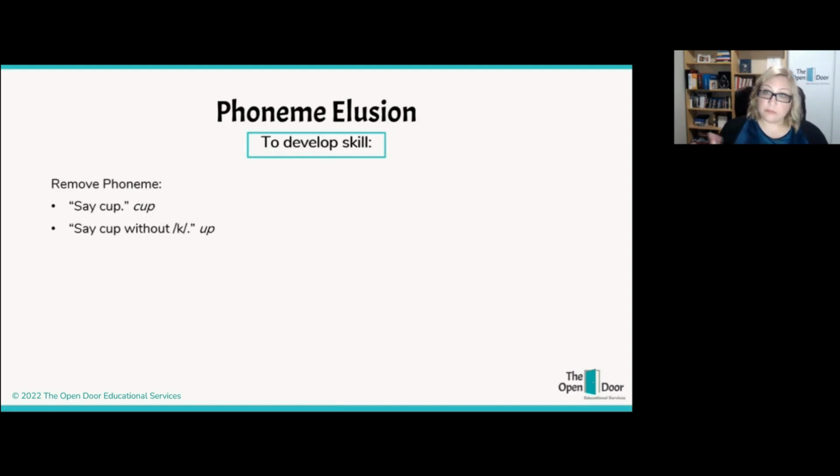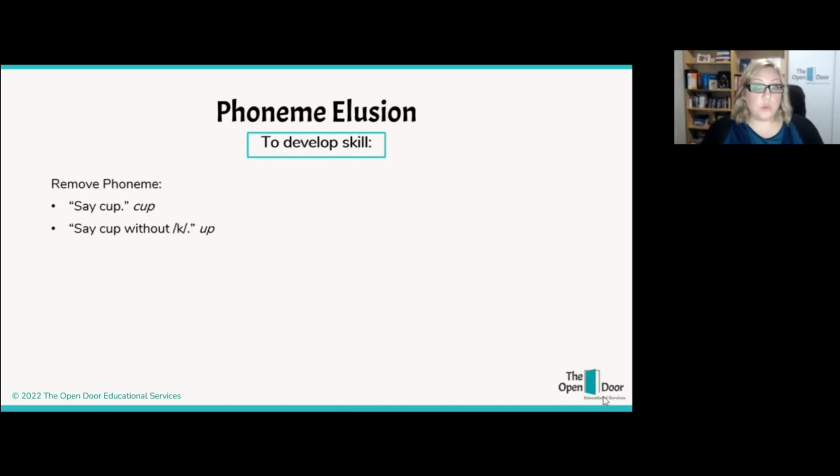Now initially, maybe in the earlier stages, you need to have them segment the sounds and the phonemes, but hopefully they've developed this skill enough throughout the process of all of the activities you've done that you'd be able to go more quickly into them being able to pull off an individual phoneme and say what's left.